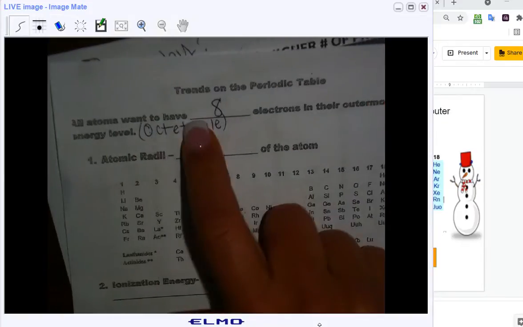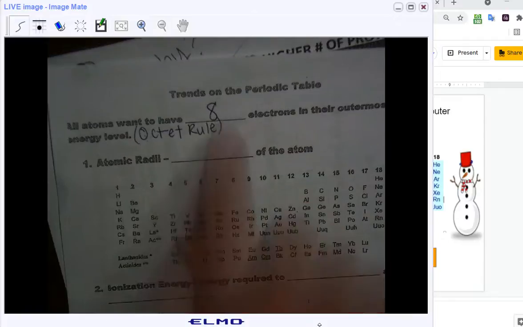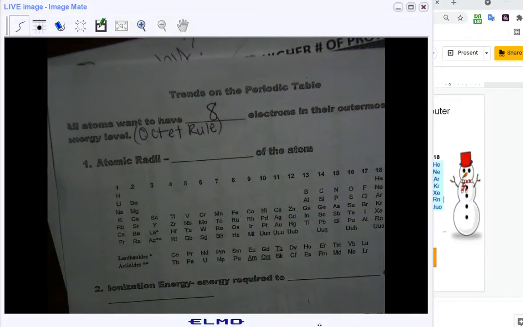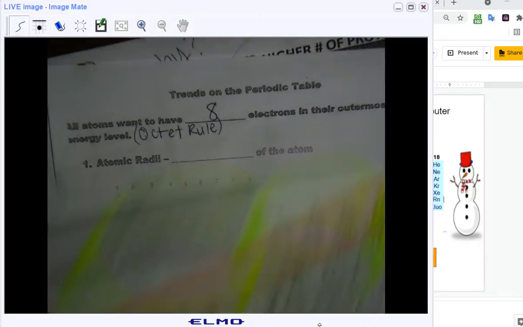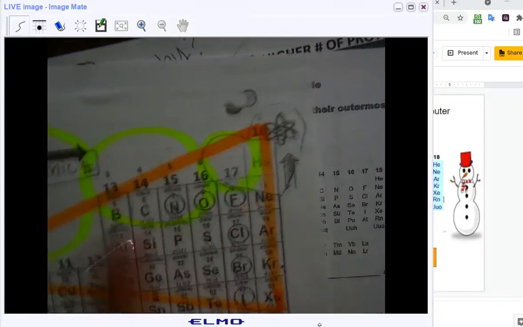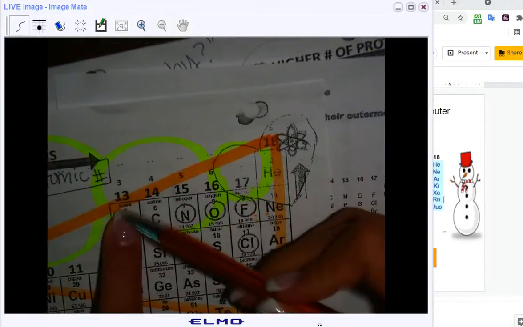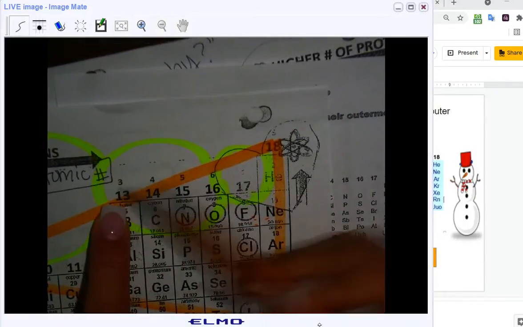So if all atoms want to have 8, you ready for this? What family already has 8? Which group number already has 8 valence electrons? The noble gases. Okay, if you forgot that, look here on the new periodic table that I gave you. Above 13 through 18, you see the little numbers up here?